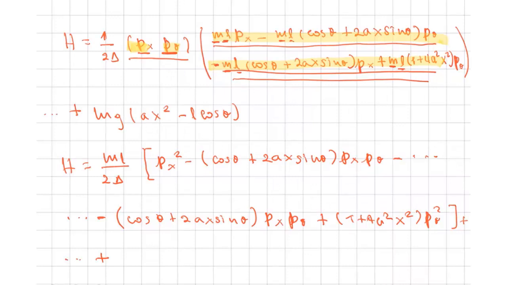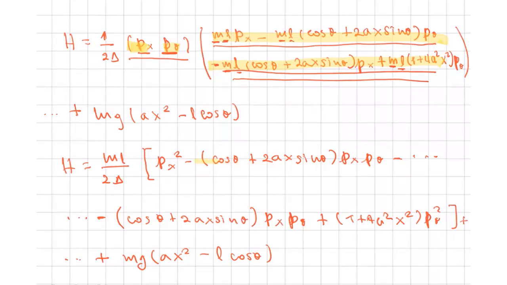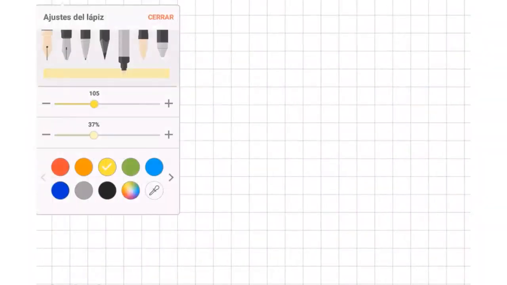You know, the potential energy is mg a x minus L cosine of theta. Okay, guys, this is the Hamiltonian. All right, so I'm going to simplify this term, adding this term up with this one. We are going to have the Hamiltonian shorter like this.